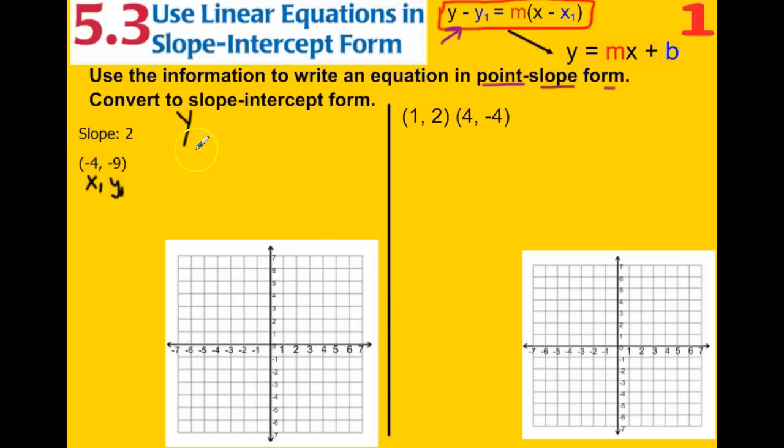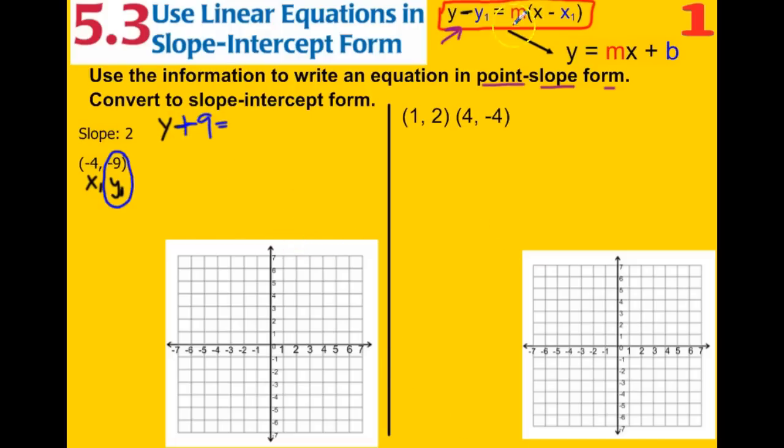So our equation says y minus, because there's a negative sign there, y1. And y1 right here is really the number -9. Two negatives next to each other make a positive.